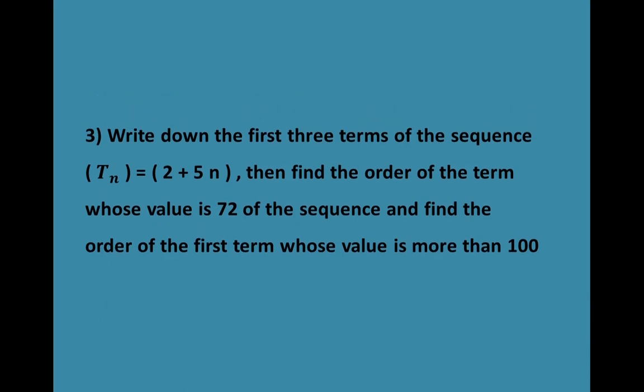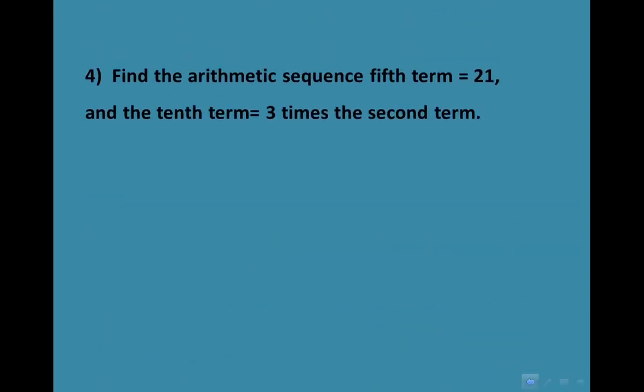Another example. Find the arithmetic sequence with fifth term equals 21 and the 10th term equals 3 times the second term. Identifying the sequence, then the arithmetic sequence with fifth term equals 21.